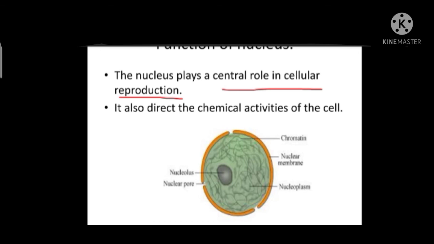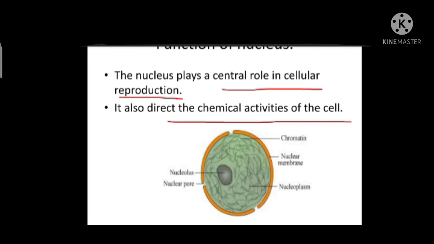Now the second point is it directs the chemical activities of the cell. That means it determines how the cell has to develop, in which form it has to develop, and how it should exhibit at maturity. That is, what type of cell it should become at maturity.